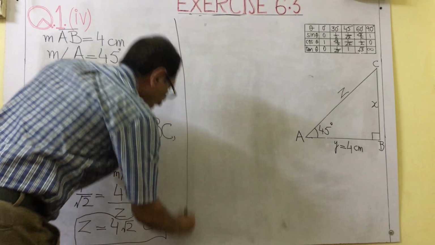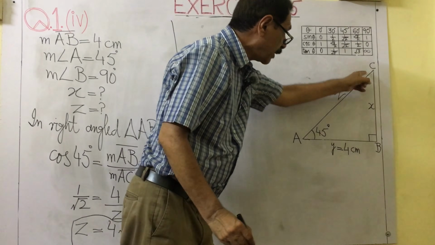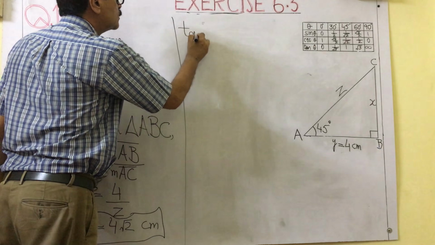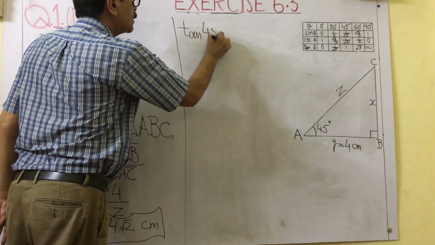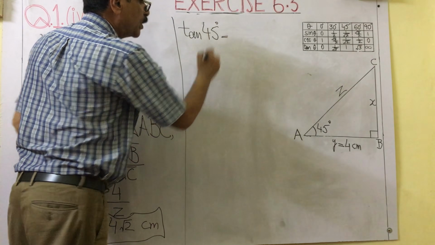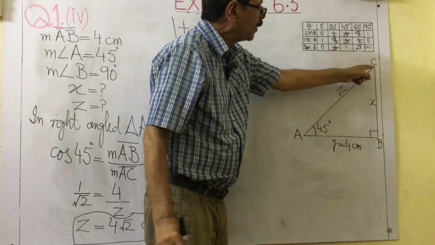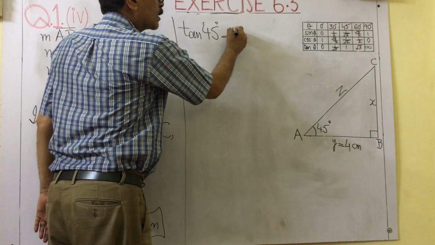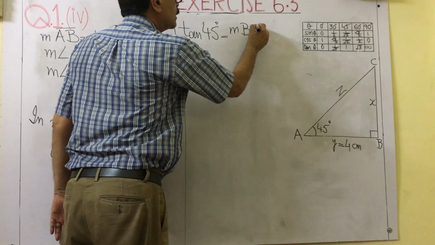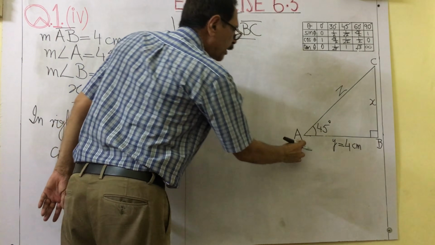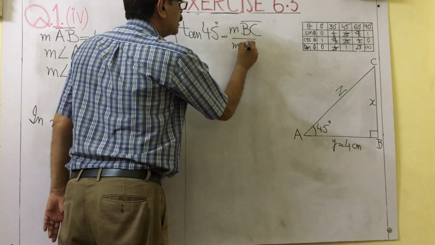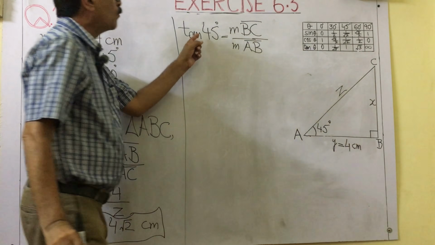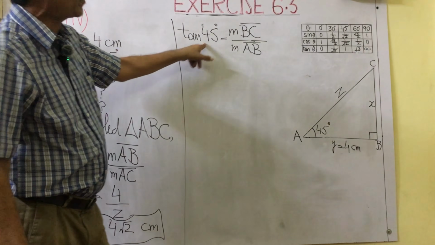Now again in right angle triangle ABC, tangent of 45 degrees is perpendicular over base, BC over AB. What is the value of tangent of 45 degrees?